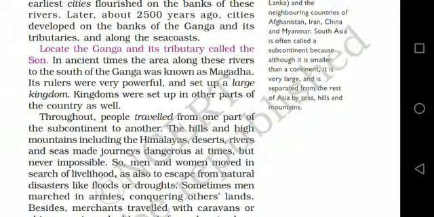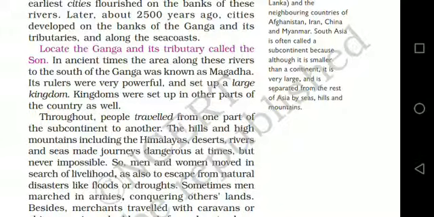In ancient times, the area along these rivers to the south of the Ganga was known as Magadha. You can understand that the rivers to the south of the Ganga were known as Magadha.